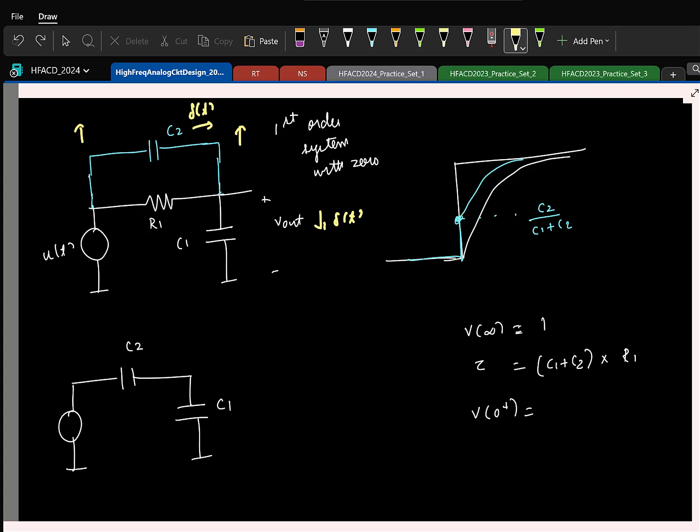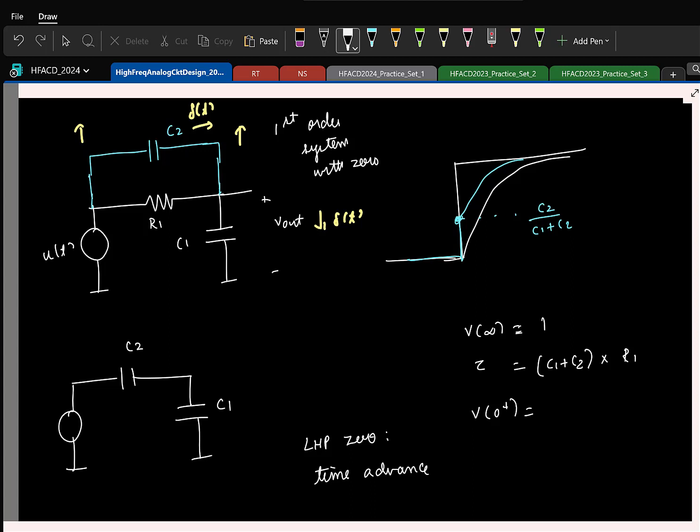But what happens is the LHP 0 is causing the output to jump up in the same direction as you want the final output to reach. That way the settling could be faster. So in short, if you have an LHP 0, it introduces some kind of time advance, and that time advance counters the time delay added by the pole.